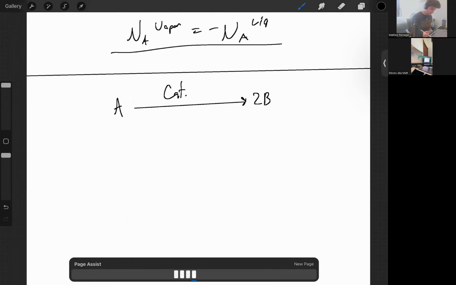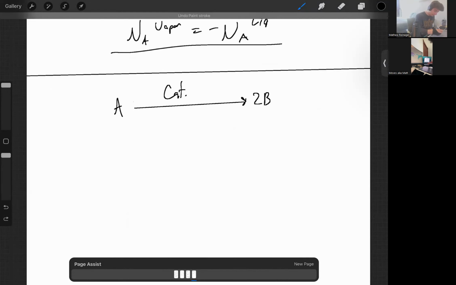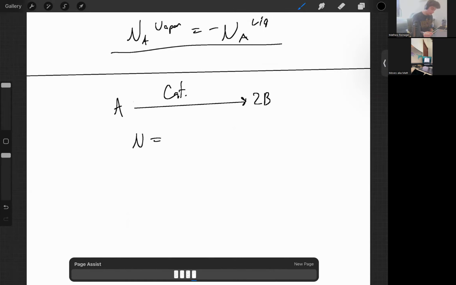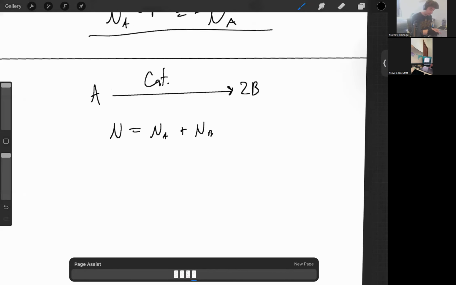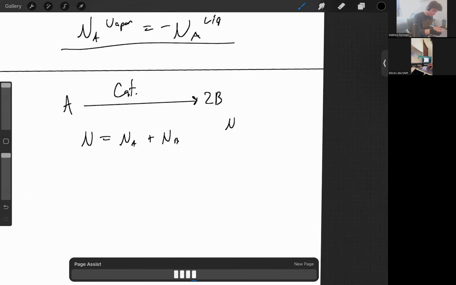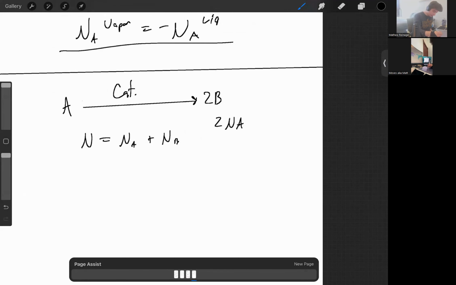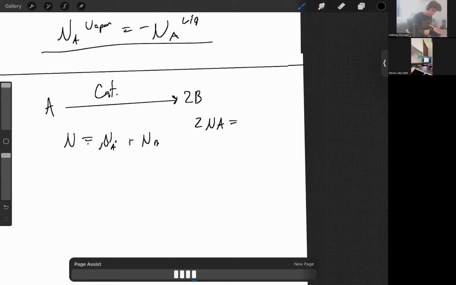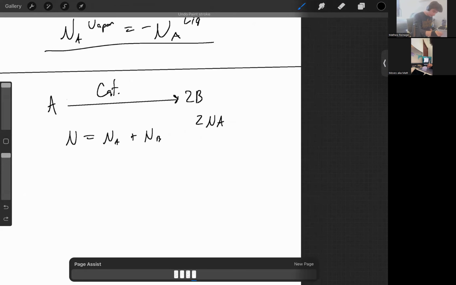So if we want to look at the total molar flux, we have N here, our total molar flux of the system. We know that this equals the molar flux of component A plus the molar flux of B. Now I'm going to do the same thing where I make it a steady state system, where in this case 2N_A plus the molar flux of B equals 0.